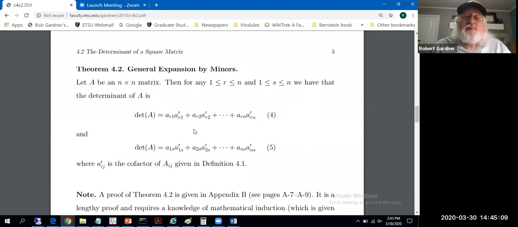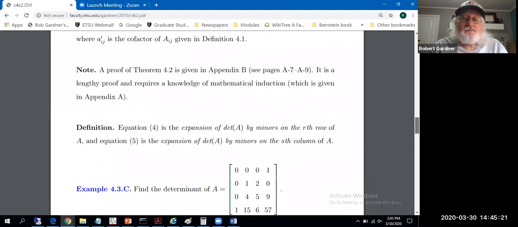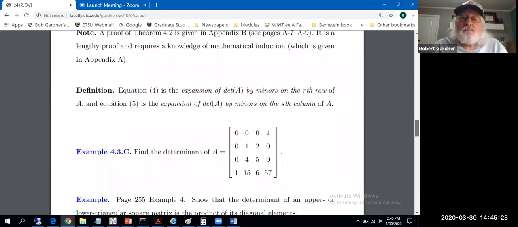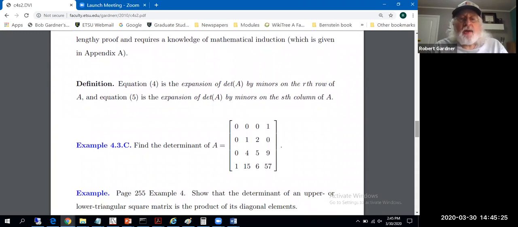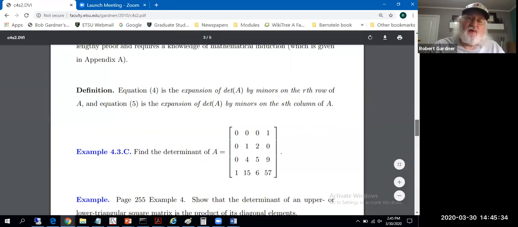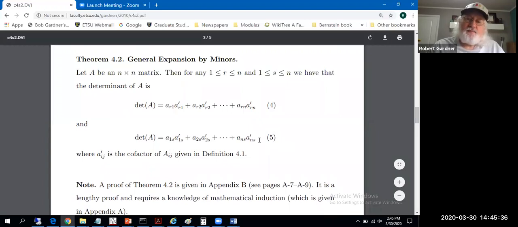That determines whether these start with positives or negatives. But we absolutely get that alternating positive, negative produced by those powers of -1. And there's some other numbers floating around as well, but those coefficients are definitely alternating positive, negative. Okay, to put a name on it, we had taken an expansion of the determinant by minors on the ith row of A, and we used the subscripts involving the r's here.